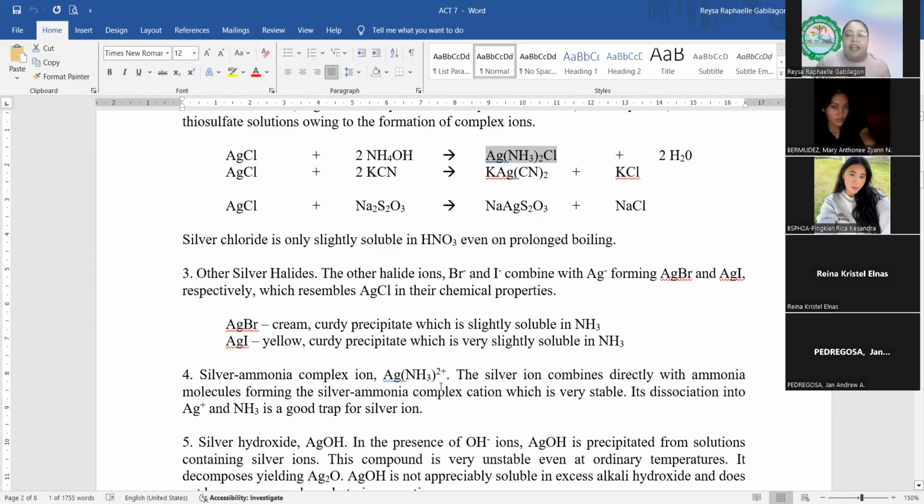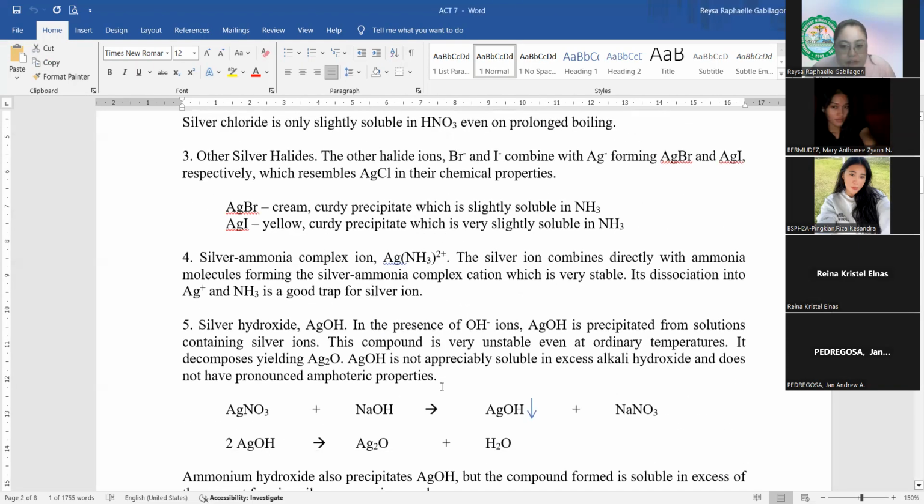But we can separate it if we want to get the silver and then the ammonia. And this is actually a good trap for our silver ion. If we want to get our silver that is in the ore, add ammonia and you will really get the silver ammonia complex. And then in the laboratory, you just separate it so you can really get the pure silver.